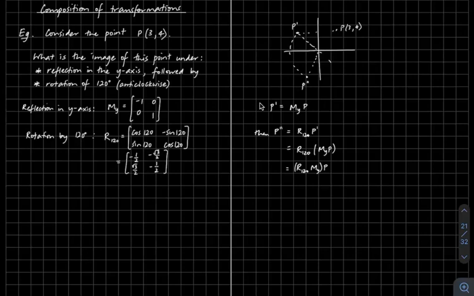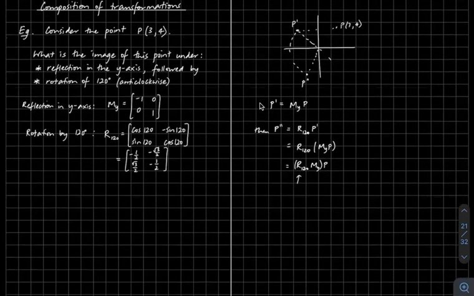So the rotation has to be listed first in the operation, even though it's the last transformation that's being done, and the reflection is listed next, even though it's the one that's being done first.